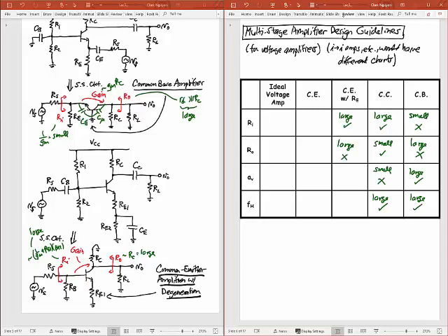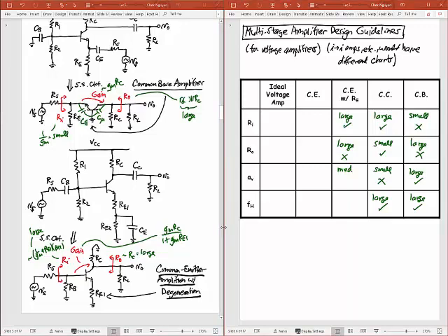The gain of this common emitter with degeneration. So it's got degeneration, and by definition, that means I've lowered my gain by that RE resistance. So remember, the gain in this case now is going to be that same gm times RC. Okay, but remember, I'm lowering that now by 1 plus gm times RE1. Okay? And so if I'm going to do that, this is going to be smaller than the gain of a common emitter amplifier, but it's not as small as the common collector.